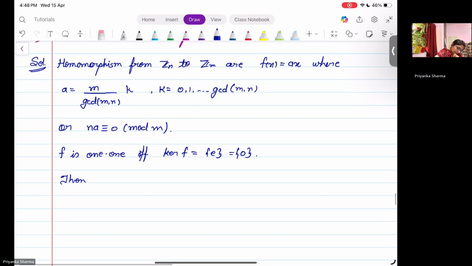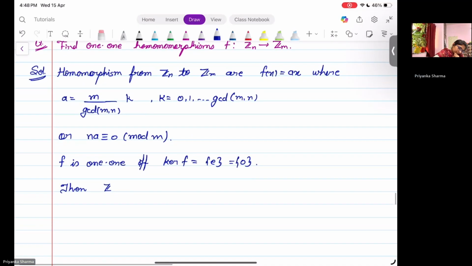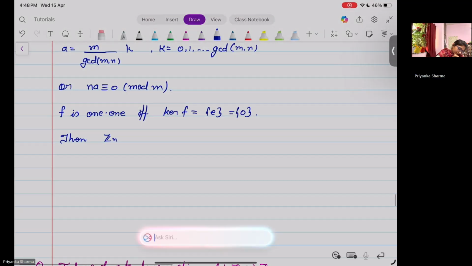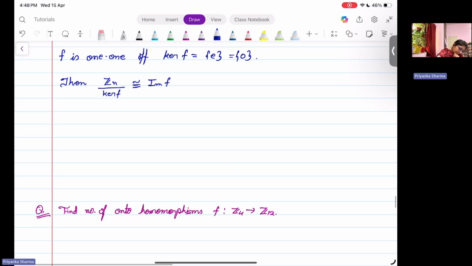Then, by the fundamental theorem of homomorphisms, we have Zn by kernel of F is isomorphic to image of F, right?